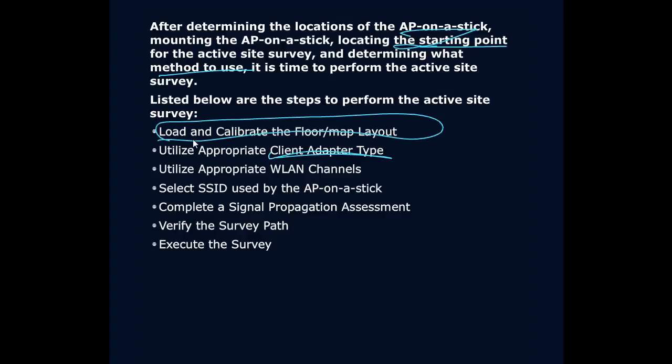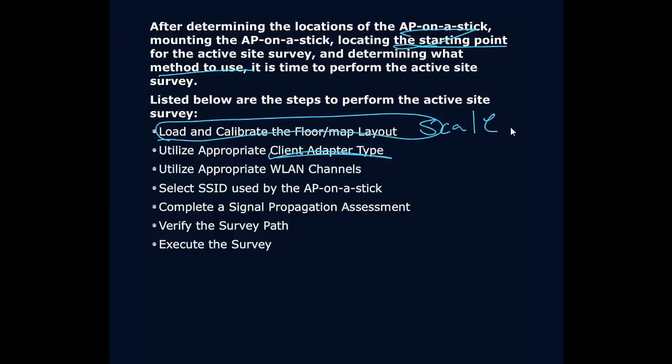So why are we doing this? Because we need to verify scale. If we see that there's a difference in scale, what's going to happen is that's going to be a huge impact on our heat map for our signal. So we have to make sure the scale is correct for our software floor plan versus real life floor plan.